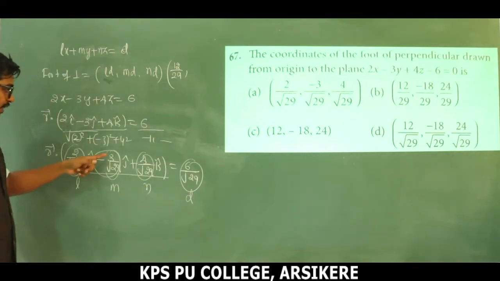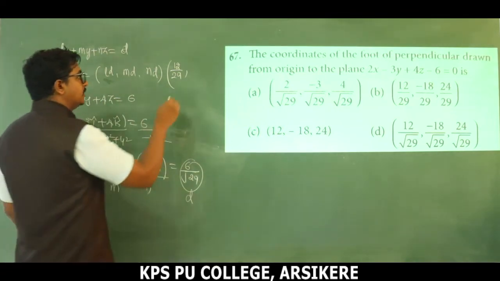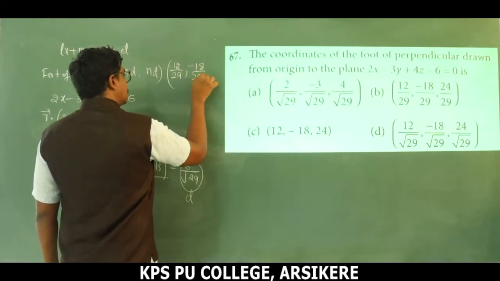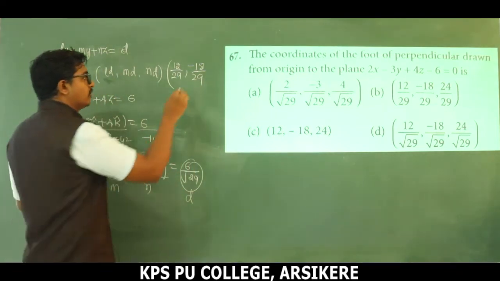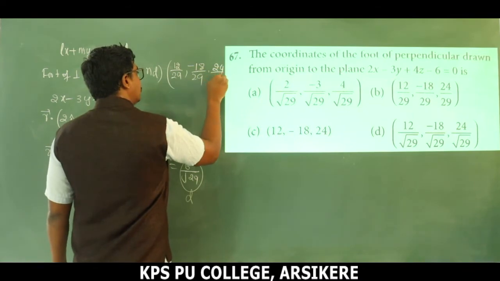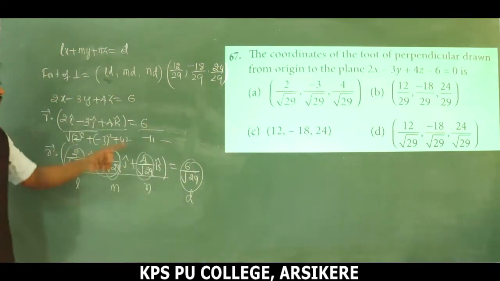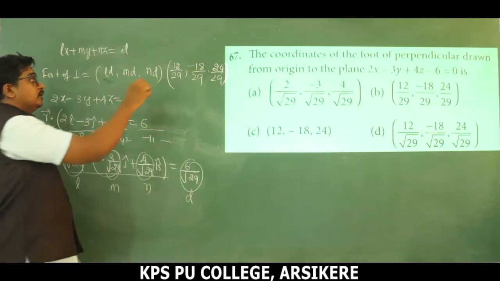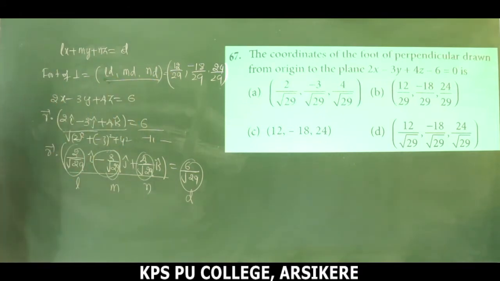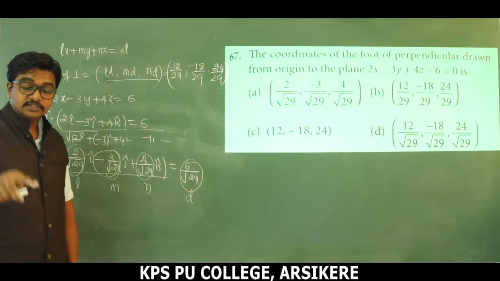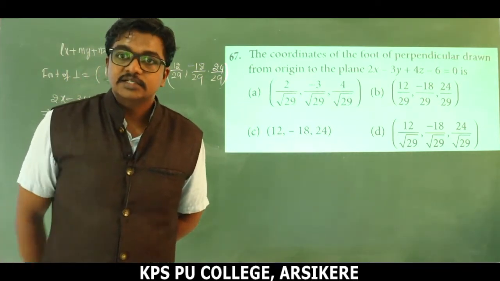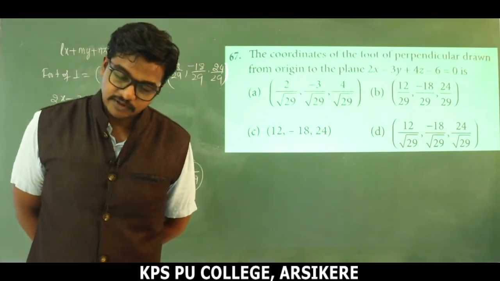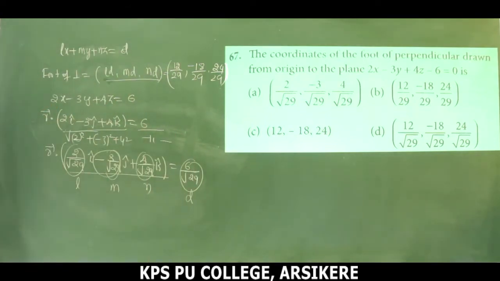Second term, minus 3 into 6 is minus 18 divided by 29. The last term, 4 into 6 is 24 divided by 29. This is our answer, the foot of the perpendicular. So the formula is ld comma md comma nd, where l, m, n are the direction cosines of the unit normal vector and d is the distance of the plane from the origin. Understood? Take a pause and note it down.